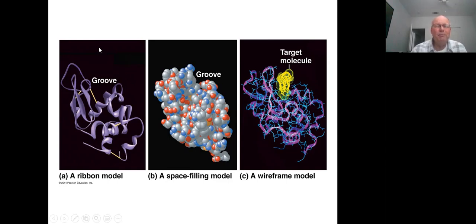I remember back in the early to mid 1990s, playing with computer models of this type as part of the research that I was involved in, modeling proteins that I had an interest in. And it was relatively new to be able to do that on a desktop computer at the time.